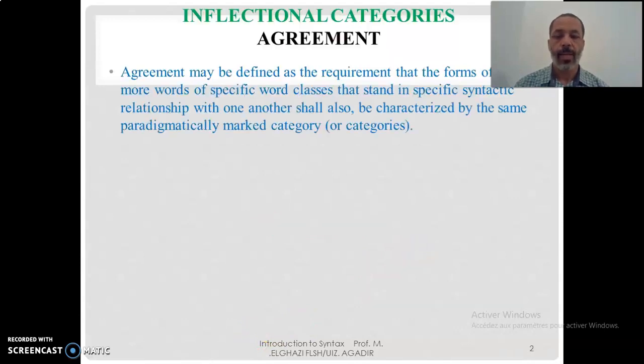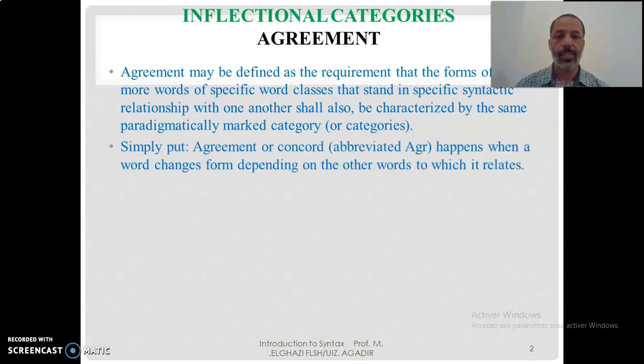So, what is agreement? Agreement may be defined as the requirement that the forms of two or more specific words or word classes that stand in a specific syntactic relationship with one another, for example a verb and the subject, an adjective pronoun and the noun, adjective and noun, and so on, shall also be characterized by the same paradigmatically marked category or categories.